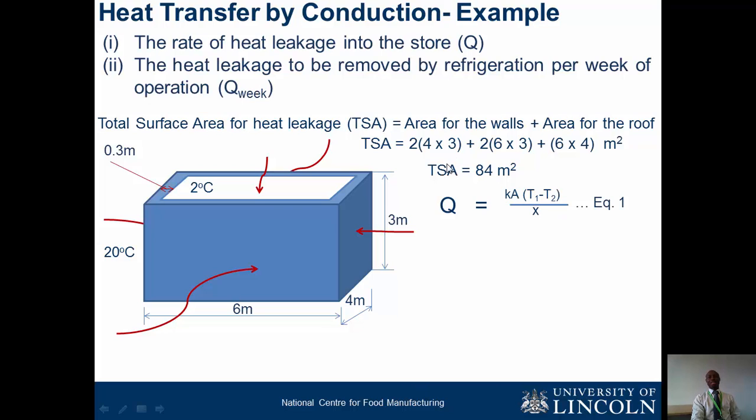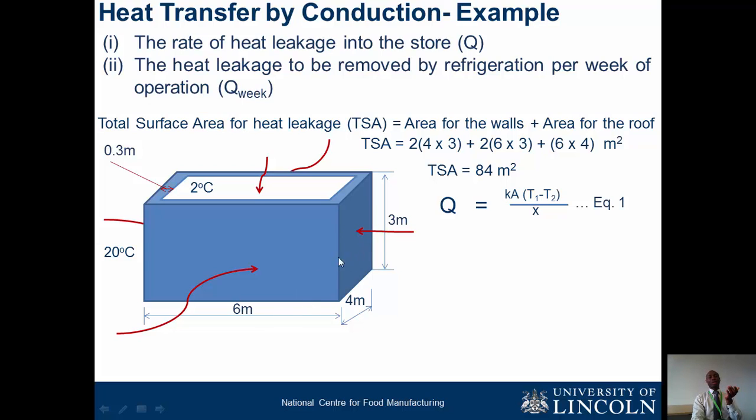Now, as I mentioned earlier, we have been given parameters for us to calculate the surface area. Now, how do we calculate the surface area? This is very simple. We've been told that we should assume that there's no heat leakage at the floor.